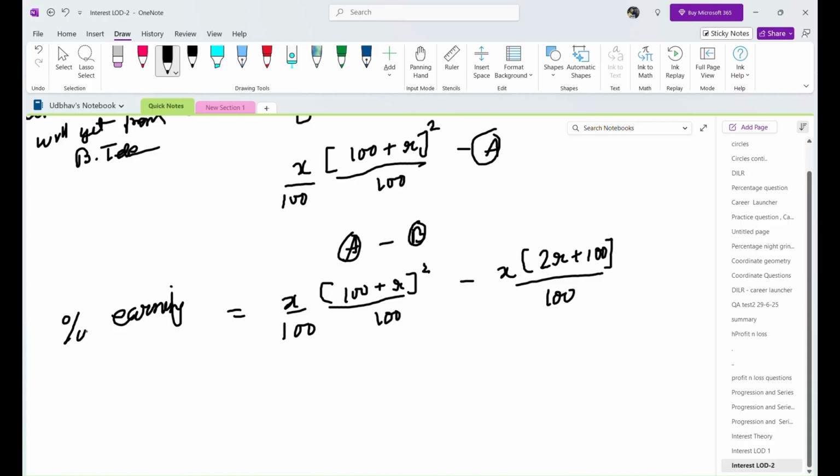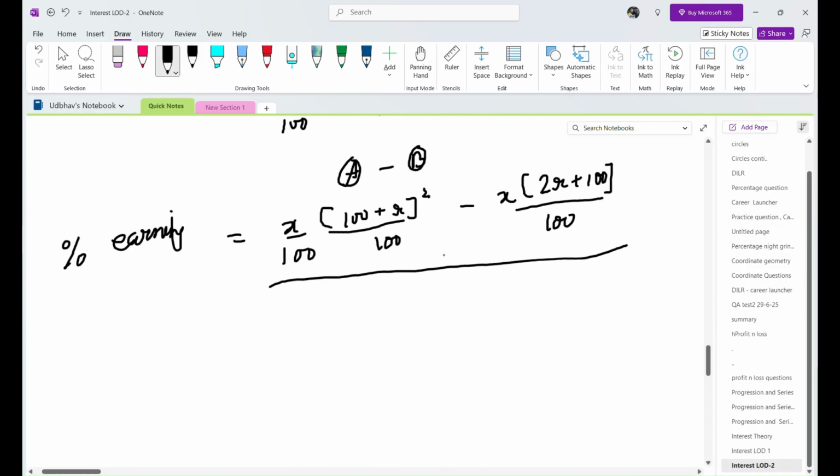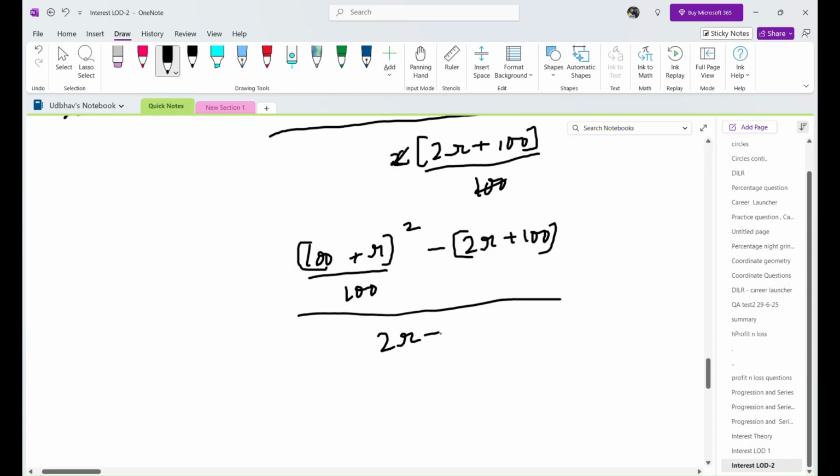and to find the percentage earning we can just divide this by the initial amount. x upon 100 can be cancelled from everywhere, so we will be left with 100 plus r upon 100 minus 2r plus 100 upon 2r plus 100.